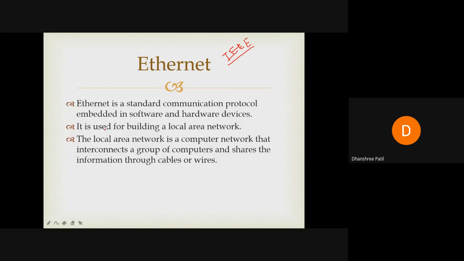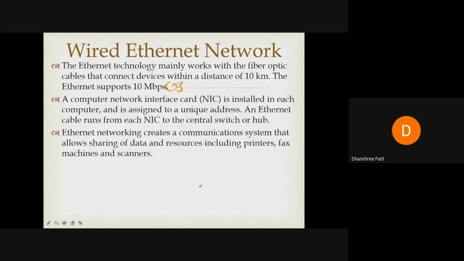Ethernet is a standard communication protocol embedded in software and hardware devices. It is used for building a local area network. Ethernet is used to connect a LAN. The LAN is a computer network that interconnects a group of computers and shares information through cables or wires.